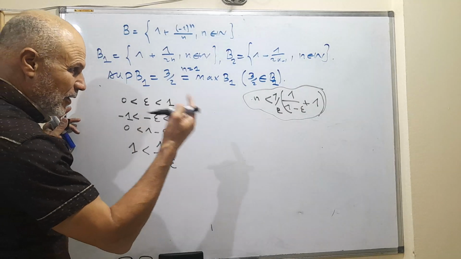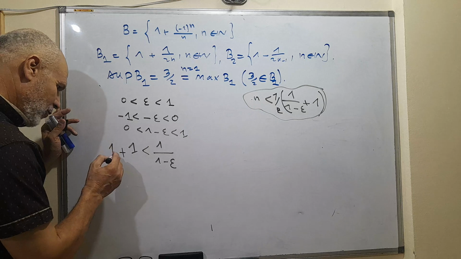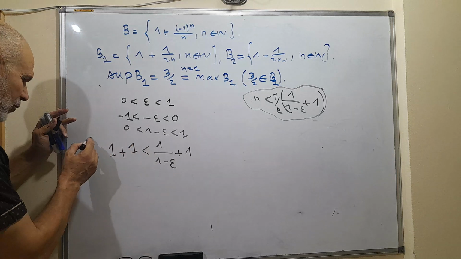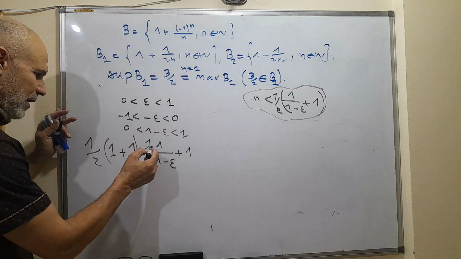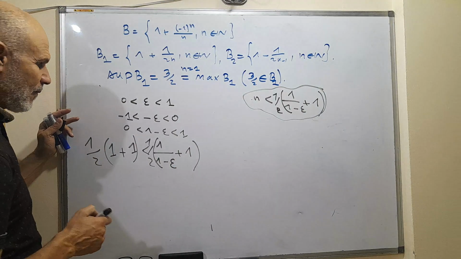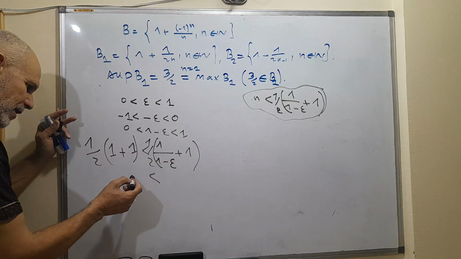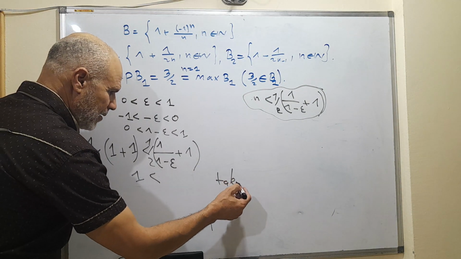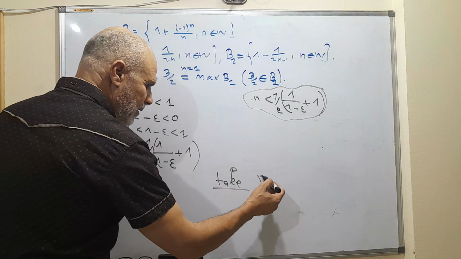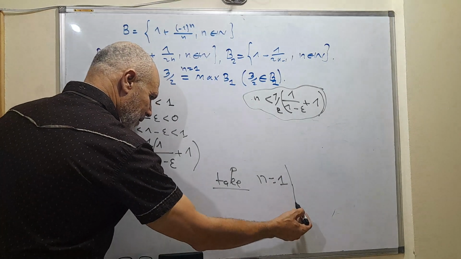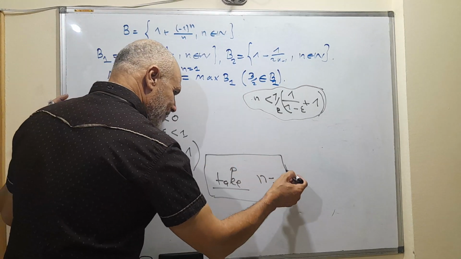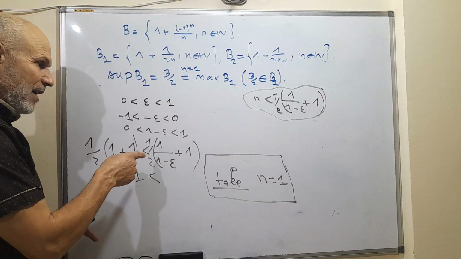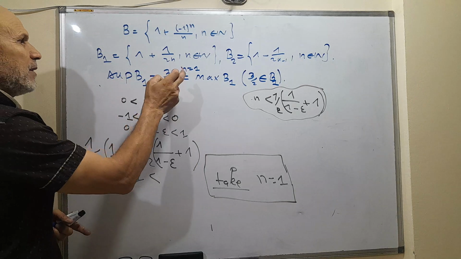If we add 1 and then take 1/2, the result is equal to 1. Take n equal to 1. It fits our situation. Finally, we proved that 0 is the infimum of B2.